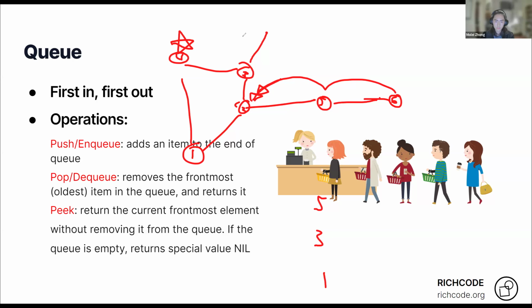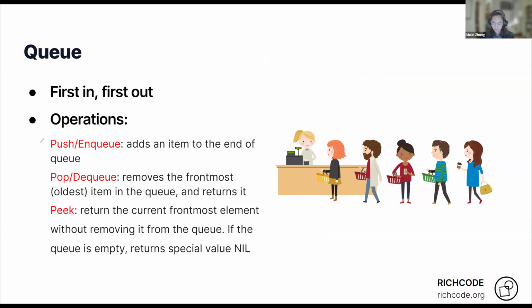That way we can immediately start looking at other nodes in the graph. This is used especially in map services like Google Maps. When it tells you to go somewhere, it finds that path using something like breadth first search.